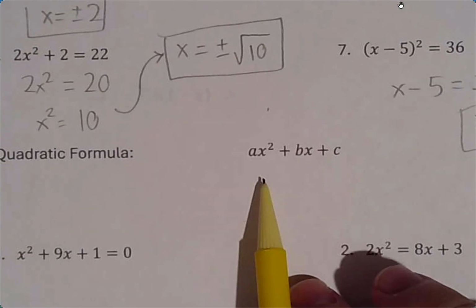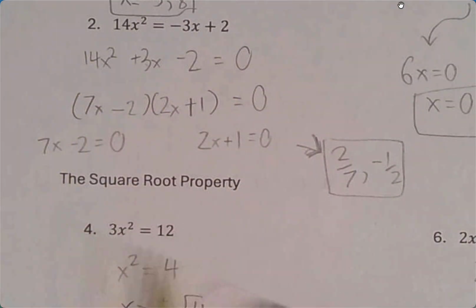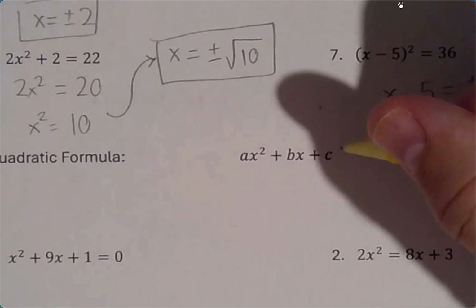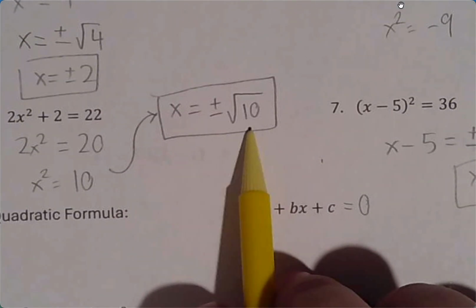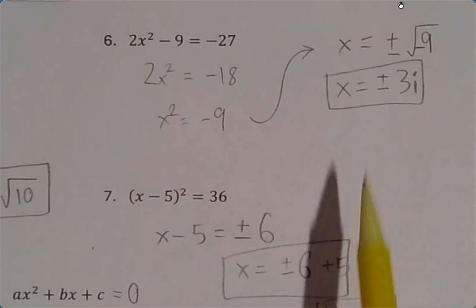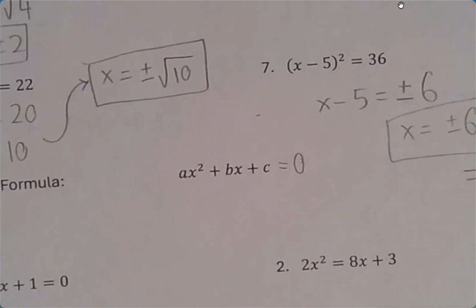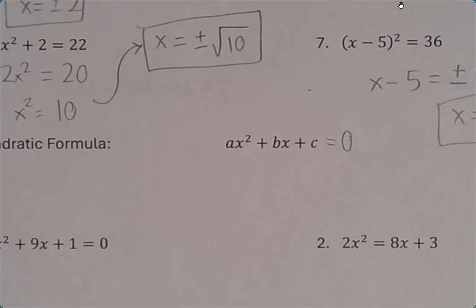Now, here's the idea: when you have something that looks like x squared, x, number, in all the various forms that we've seen, as long as you can get that equal to 0, then there's a formula that solves any problem, whether it has ugly roots, whether it has i's that show up, whether it has ugly fractions or whole numbers or zeros or negatives or positives. The quadratic formula solves them all. And so in one sense, it's the only thing you need to learn.